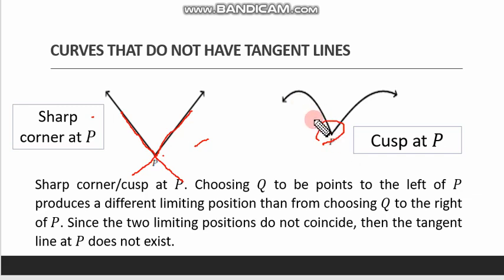For example, in this one, there are curves that meet at point P. So it also creates two different limiting positions of tangent lines from the left or on the right side. So again, there are two cases where the tangent line doesn't exist. First, if the function is not continuous at a point, and second, if it has a sharp corner or cusp at point P.